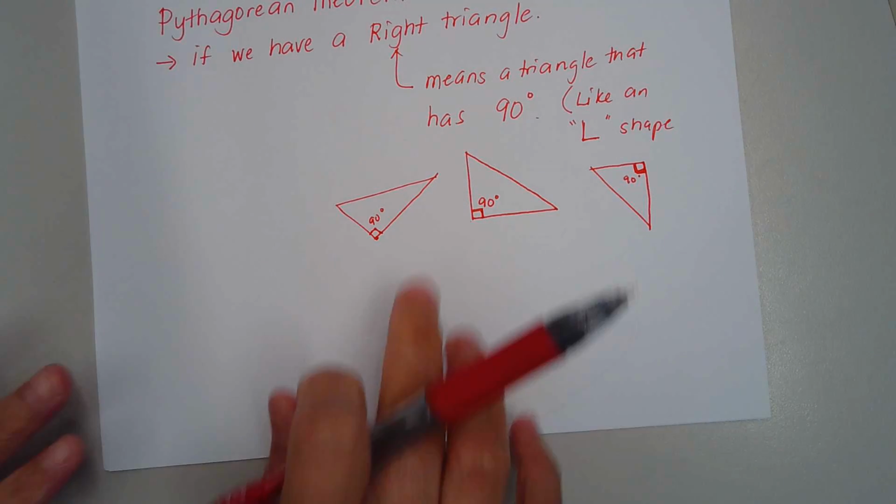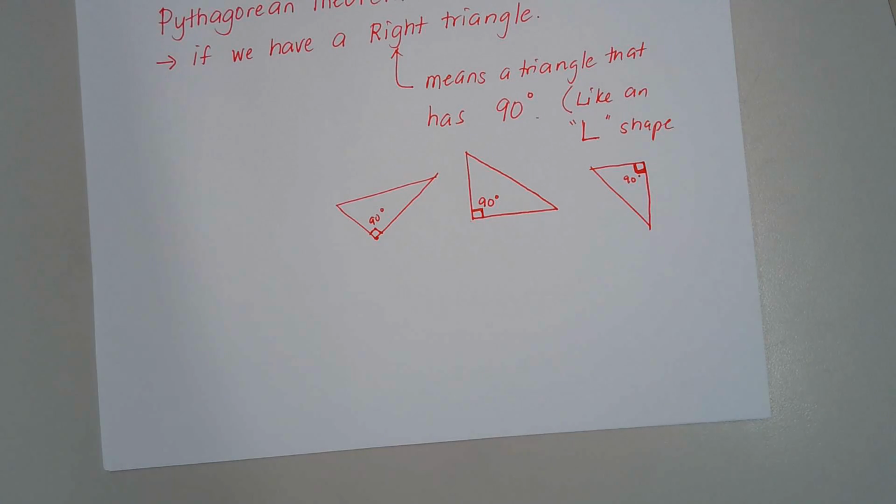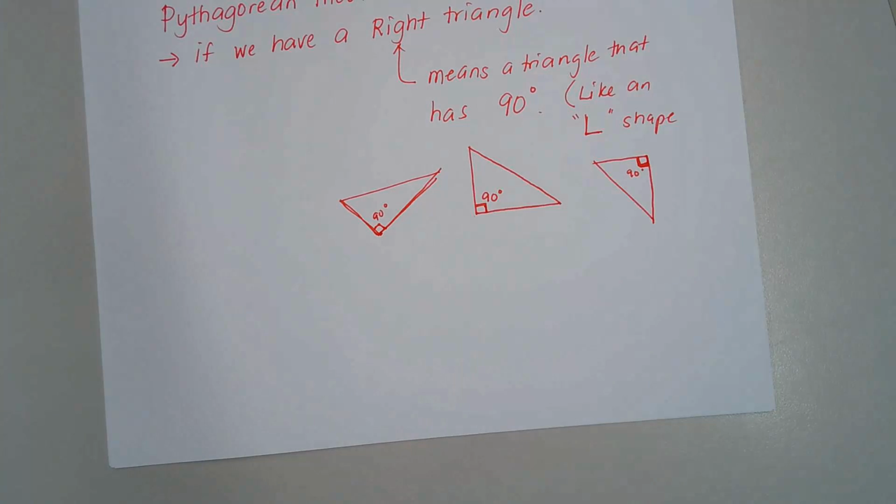Side A would be this one. Side B would be this one, the one that's up and down. And then I got side C, that's the slanted piece. So go ahead and write that down. Straight. So my 90 degrees. This nice angle. Okay, so far so good?